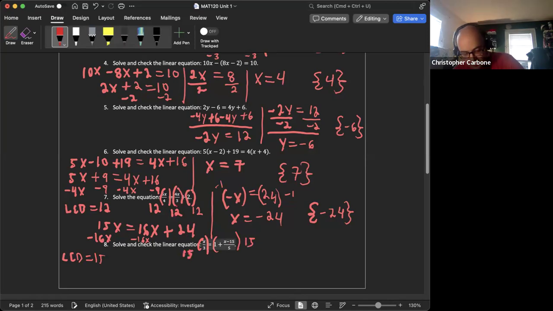For the x divided by 3, 15 divided by 3 is 5 times x. So 5x is equal to 1 times 15, so 15. Plus x minus 15 divided by 5 times 15. So that would just be plus 3 times x minus 15.